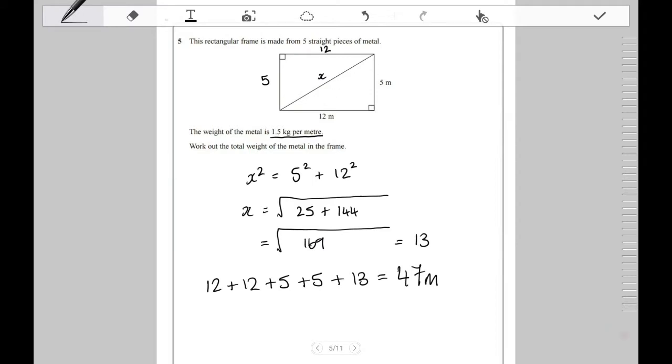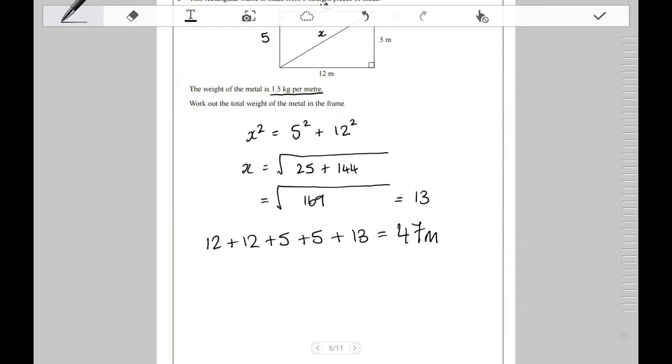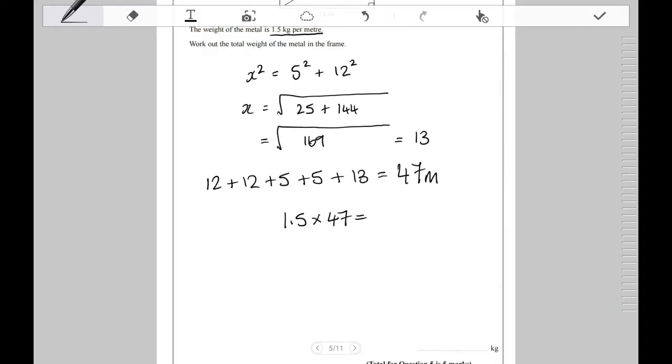Now what we're going to do is multiply 1.5 by 47. Another way of looking at it is 1 times 47. Considering we're not using a calculator, the way to look at it is 1 times 47 plus 47 times 0.5.